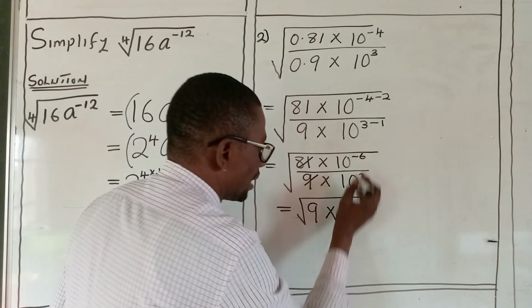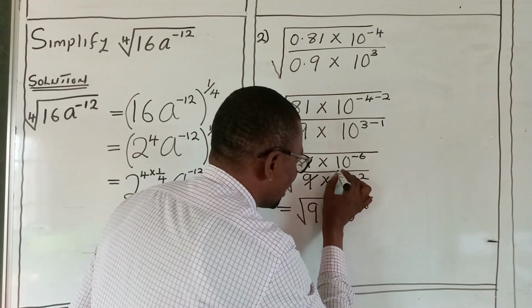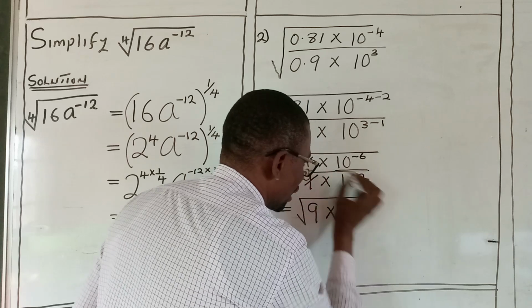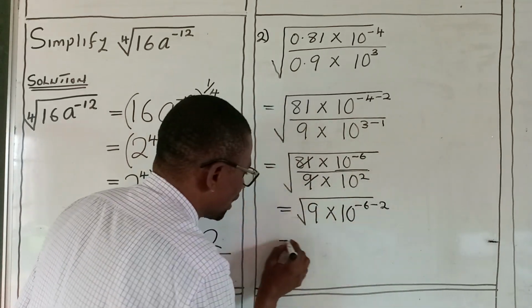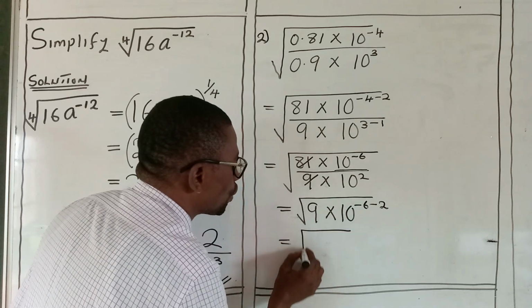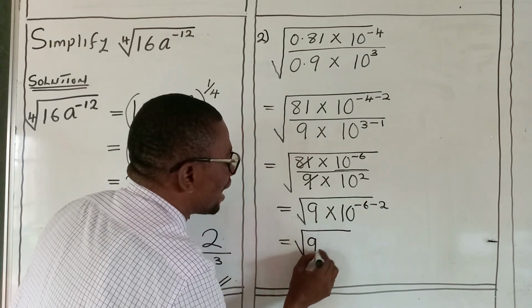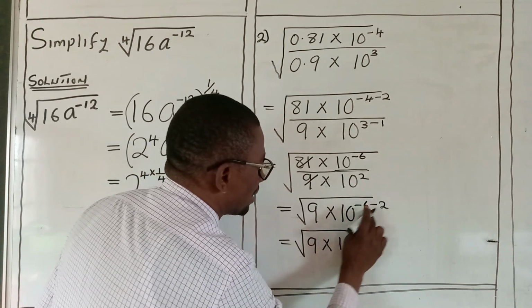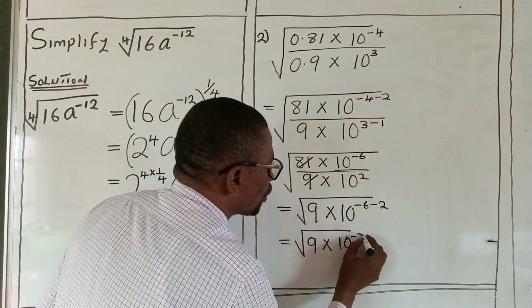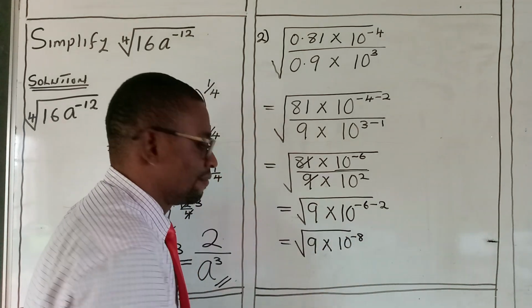So this is minus 6 minus, and then minus 2. So this will take us to the square root of 9 times 10 raised to power minus 6 minus 2, which gives us minus 8.